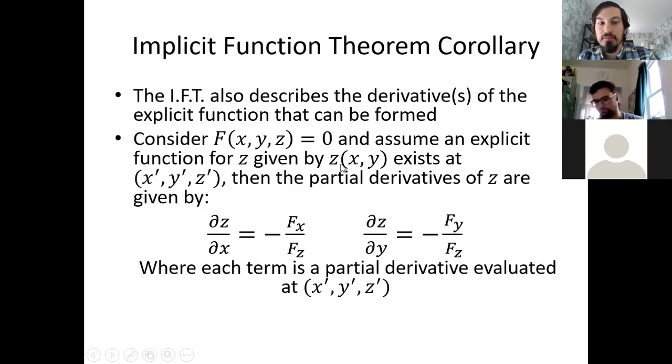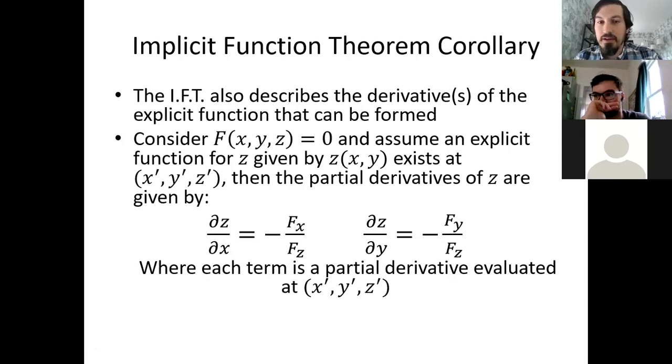That's the regular implicit function theorem. The corollary says that if you want to figure out the partial derivatives of z, you can do that using the original implicit function. You don't have to be able to solve for the explicit function z of x, y in order to calculate this partial derivative. I definitely need to give you some examples of that, and there will be some.